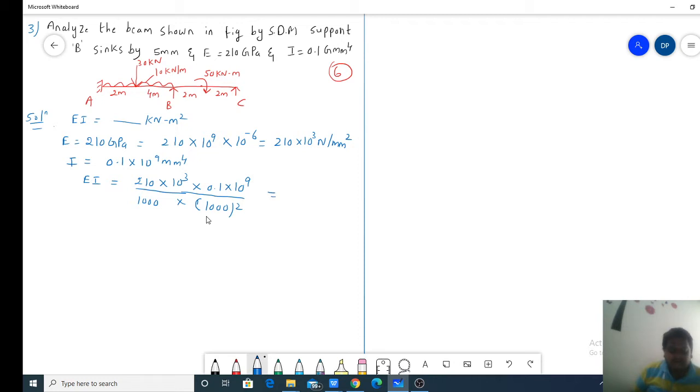So ultimately it comes out to be 2.1 into 10 raised to 4 kilonewton meter square. So this will be my EI value wherever I am calculating. This is a simple calculation. What you need to remember is that you need to convert E and I with respect to kilonewton meter square.